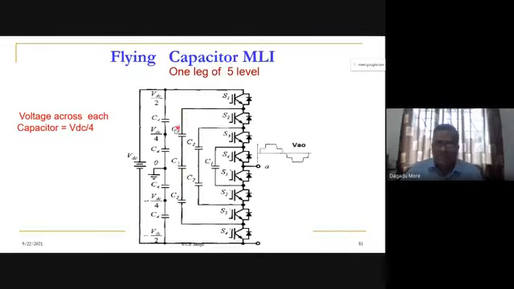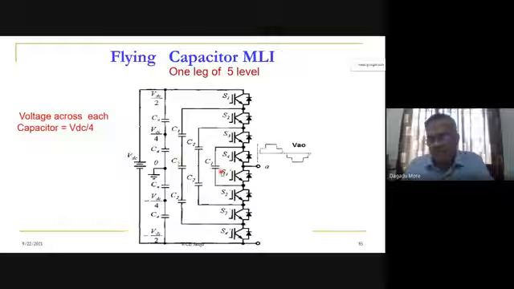So each capacitor is VDC by 4, VDC by 4, VDC by 4. So very important thing, we can say each capacitor has a voltage equal to VDC by 4, including the capacitors used for splitting the DC link voltage. Is it clear?